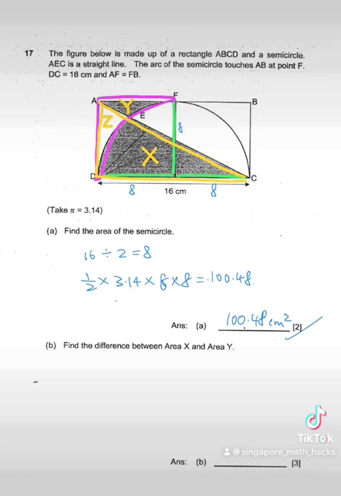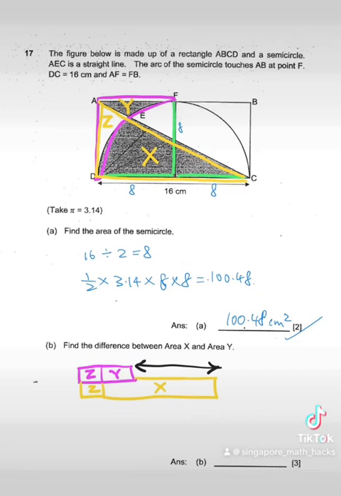So if I take z plus y versus z plus x, then we can find the difference between x and y. This portion actually represents the difference between x and y. We don't know what x is or what y is, but we know what z plus x is. So let's find z plus x.